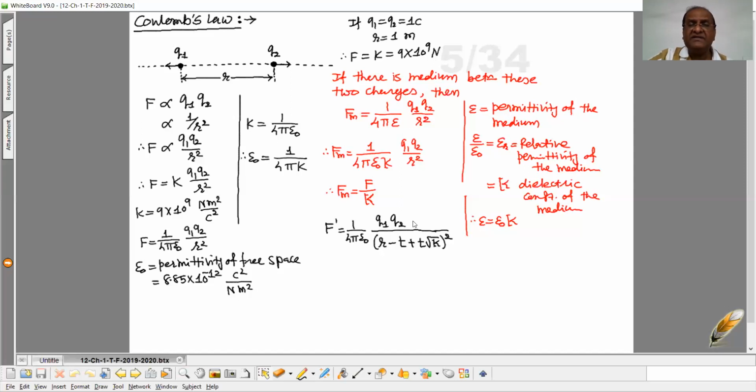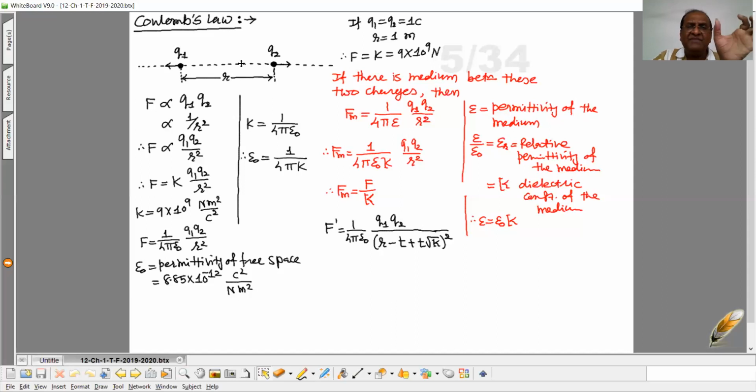Now this equation you have to remember, it is important for entrance examinations. See, between these two charges, the entire space is not filled with the medium, but a small part is filled with the medium.